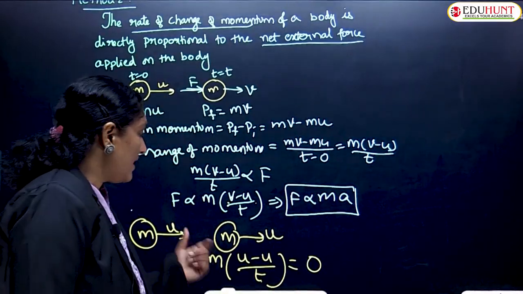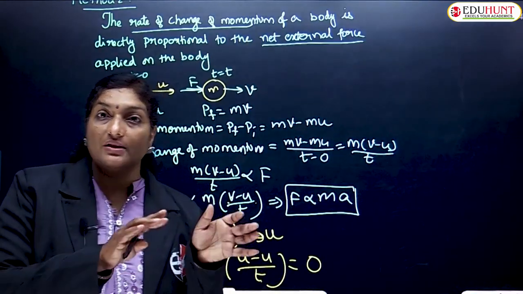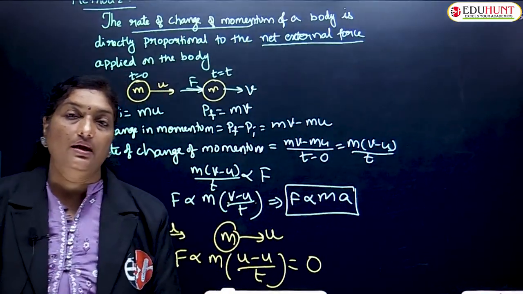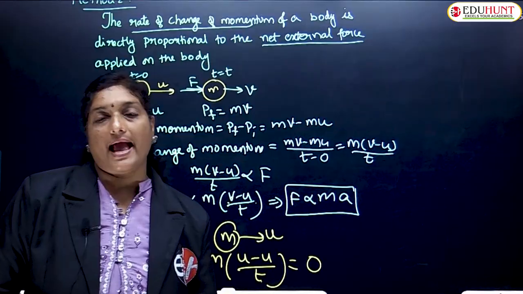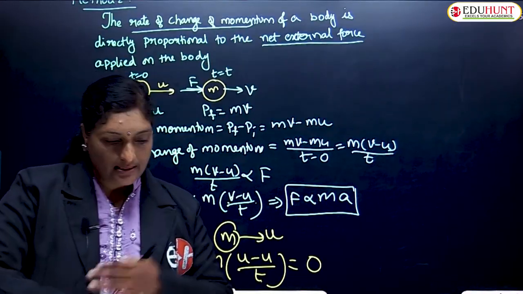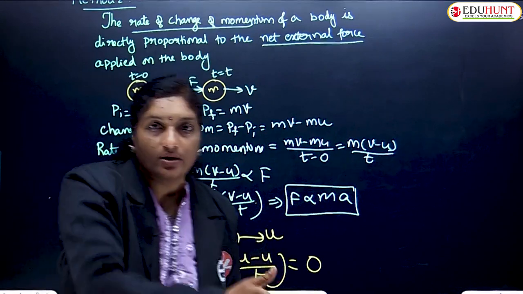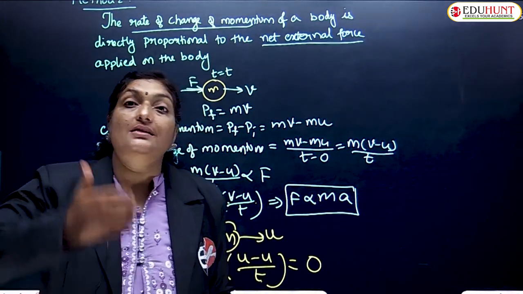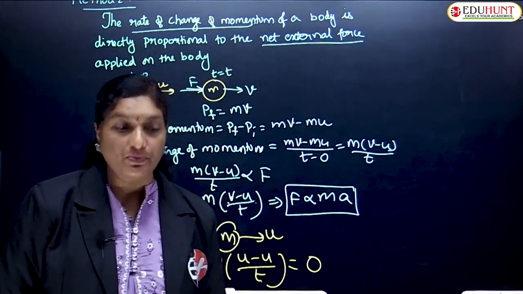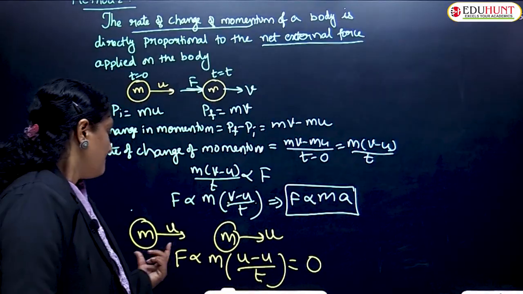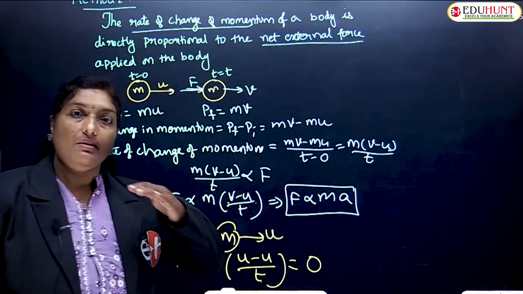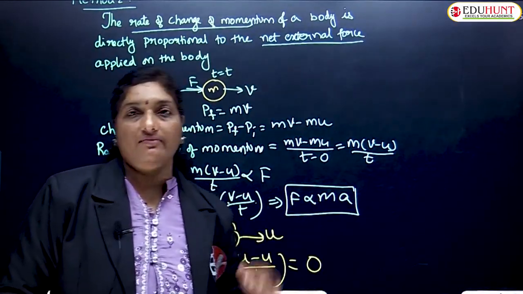That means whenever a body moves with constant velocity, the net force acting on it is 0. That means if no external force acts on the body, F is 0, and the moving body moves with the same constant velocity.